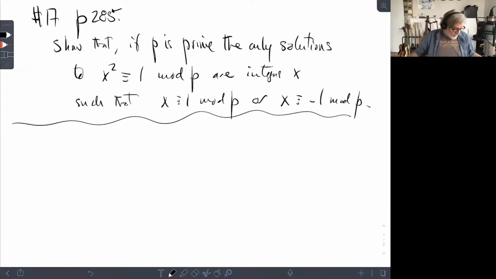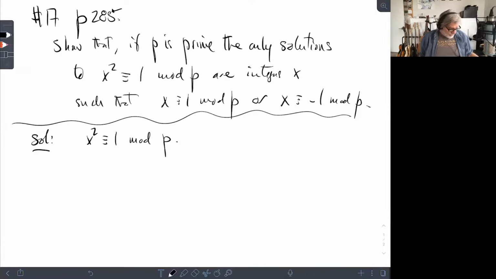Okay, so we're given here that x squared is congruent to 1 mod p. And we'd like to conclude something from that. Now, this thing is squared, so it's not going to be the Chinese remainder theorem or anything like that, it doesn't seem like a straightforward application of that.